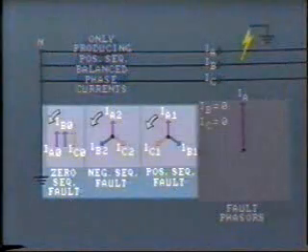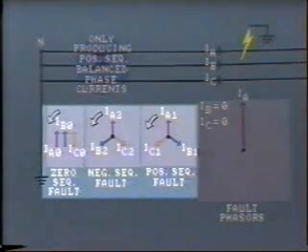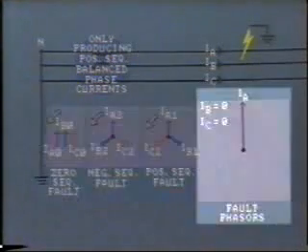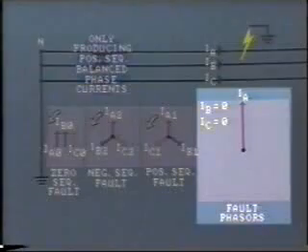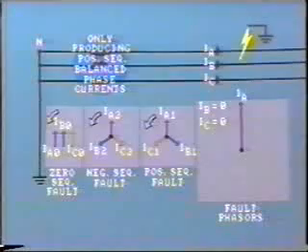Again, we have seen that the sum of the positive, negative, and zero sequence components for each phase add up to give us the actual fault values. So we now come to another very important conclusion, and that is, where a ground fault exists, all three sets of symmetrical components are present.